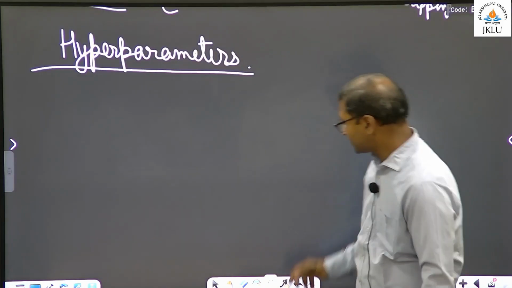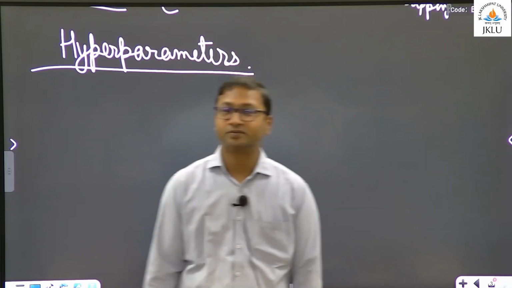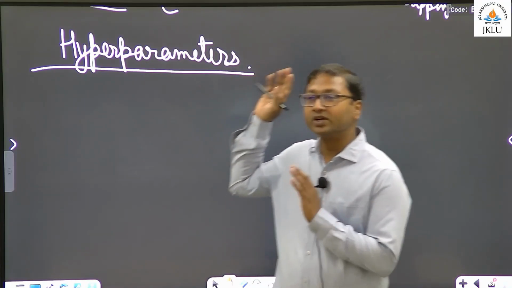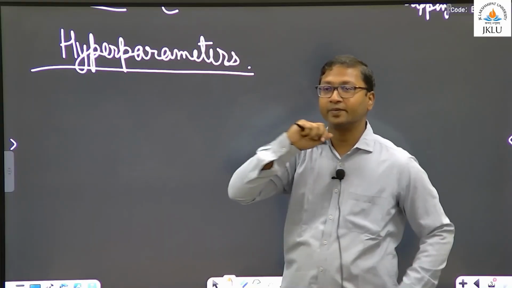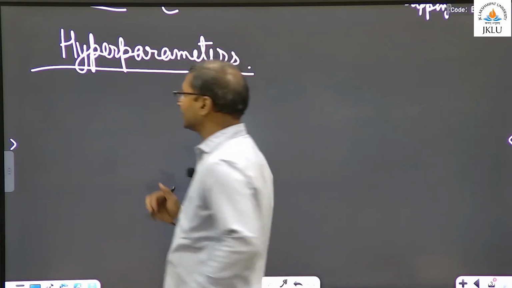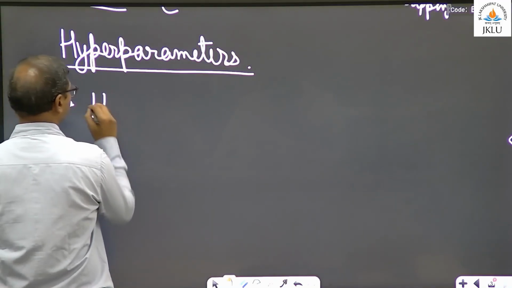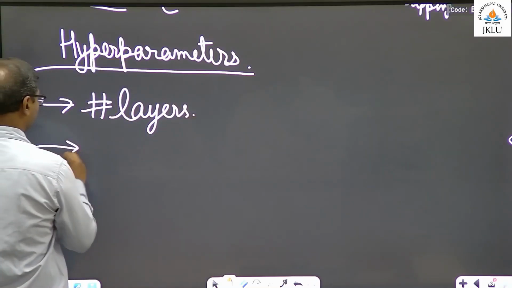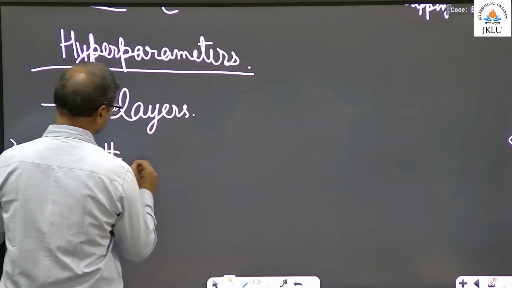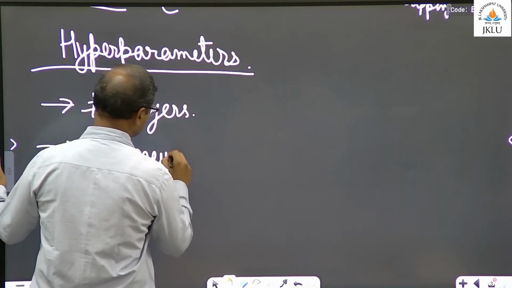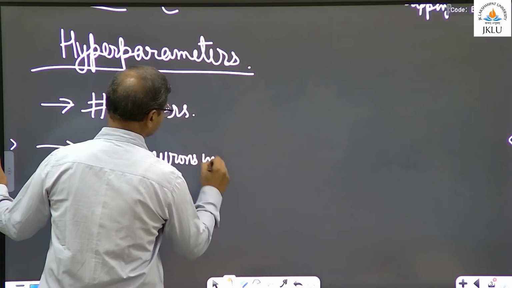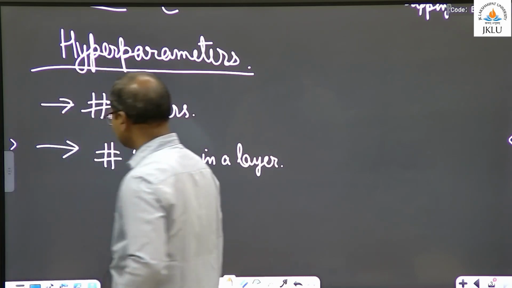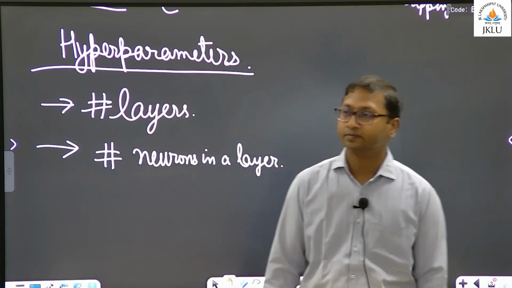So what are hyperparameters now? We have talked a lot about training now. Okay, what are hyperparameters? So help me write some of the hyperparameters. Number of layers, number of neurons in a layer, yes, what else?